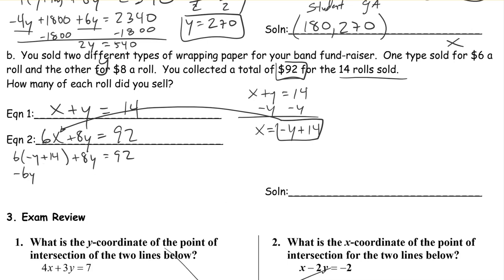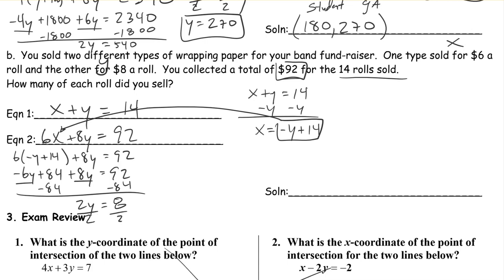Negative 6y. 6 and 14, well, 6 times 10 is 60. 6 times 4 is 24, so that makes 84. Plus 8y equals 92. So we need to subtract 84 from both sides and combine negative 6y and 8y, so that makes 2y equals, and 92 minus 84 is 8.